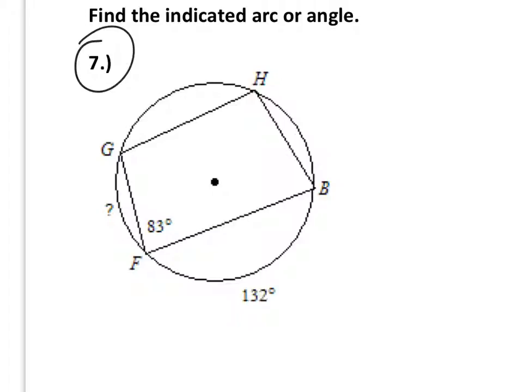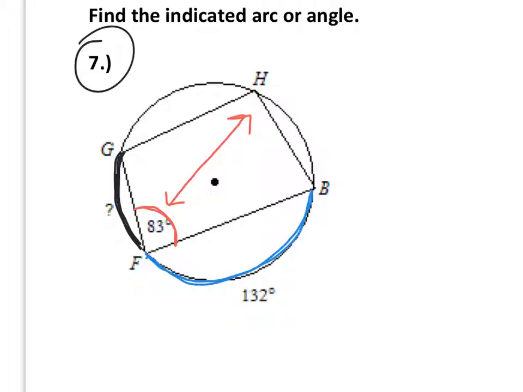What we see here is a quadrilateral inscribed inside of a circle. And they've given us an arc measure right here, and they've given us an angle measure right here. And we want to find this arc measure. So let's start with the angle. We know that opposite angles need to add to 180.